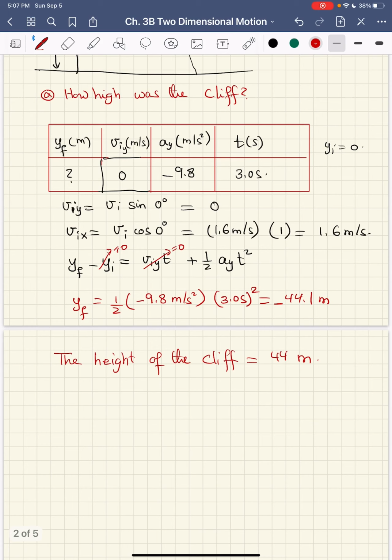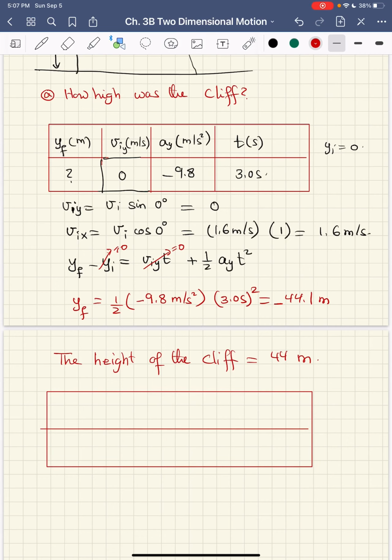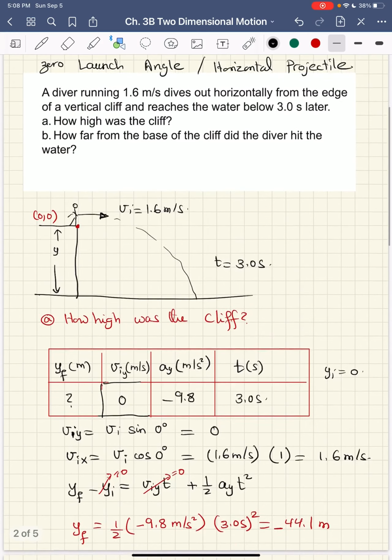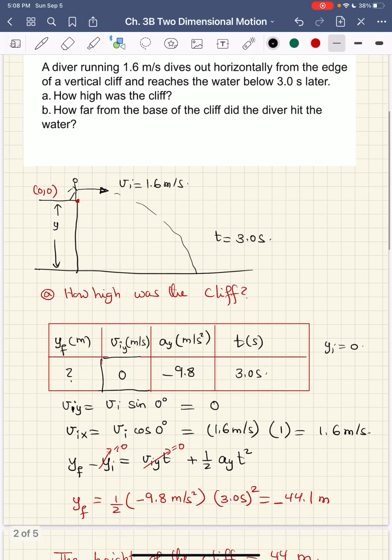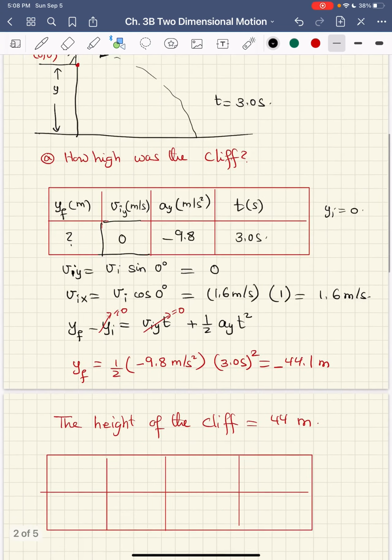Now, the second question is asking about more things. For example, how far from the base of the cliff did the diver hit the water?